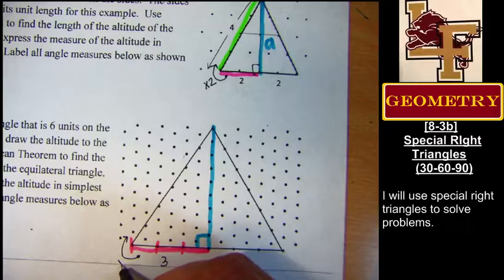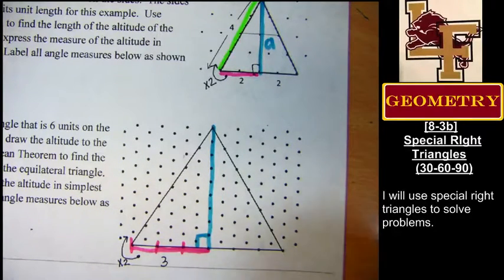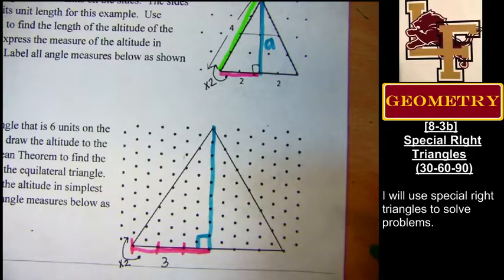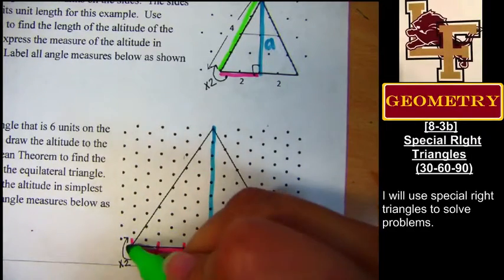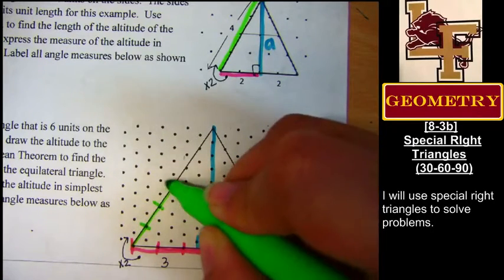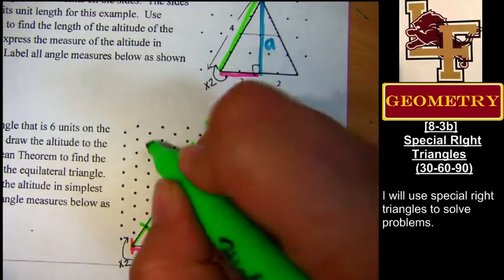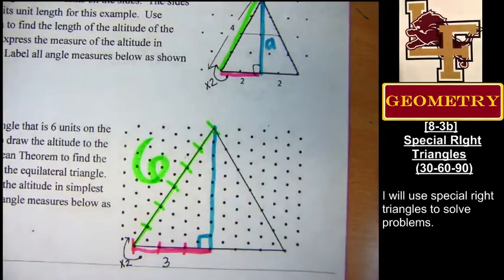Multiply by 2. So this should be 6. Let's check that it is in fact 6. These dots are done so that they're all the right length. Okay, so from here, we're going to count. 1, 2, 3, 4, 5, 6. We found our first pattern.